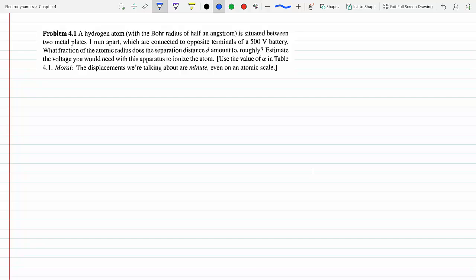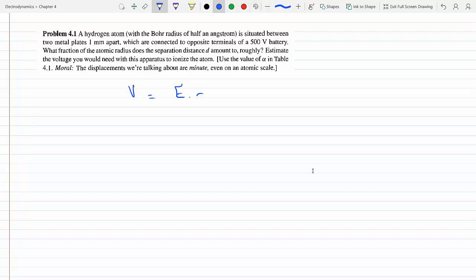Okay, so we know that V is equal to E dot dl, right? But since this is linear, this just becomes EL, with L being the thickness. If one of the plates is at the reference 0, the other one would be at V, 500 volts.